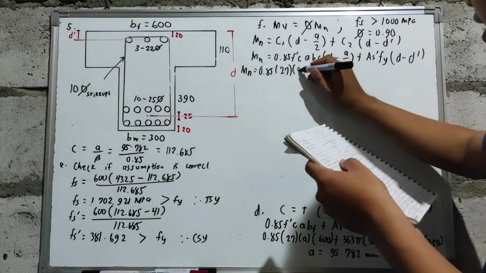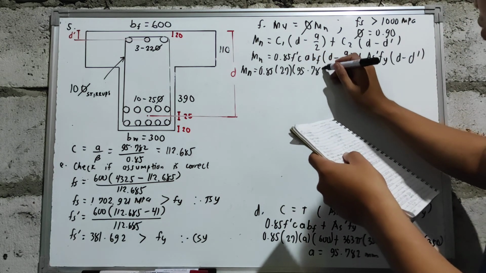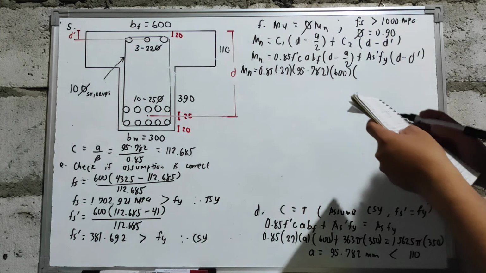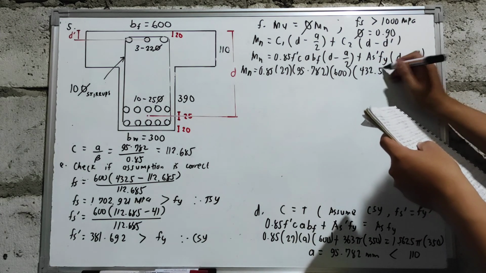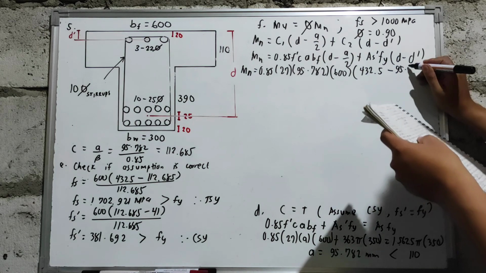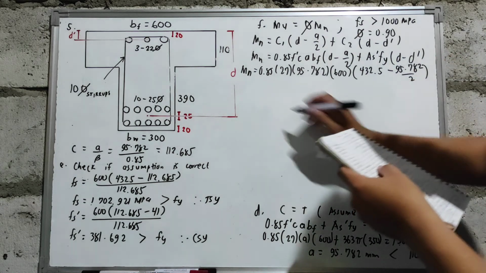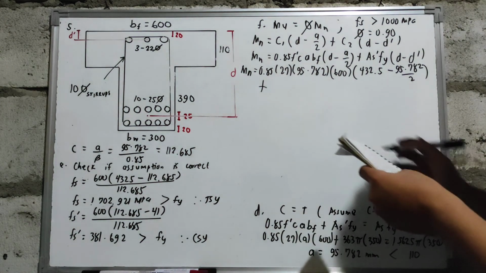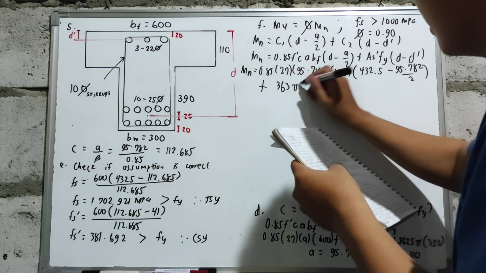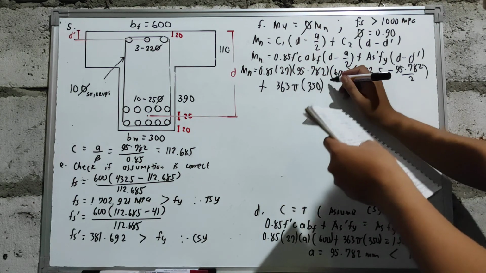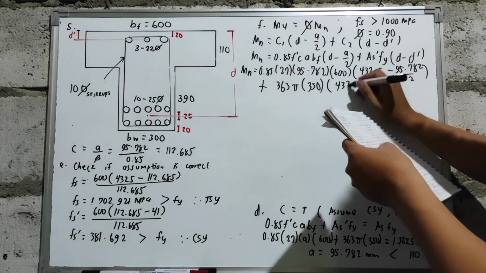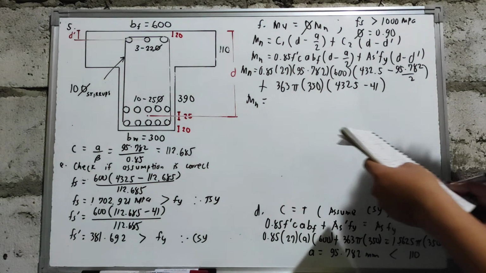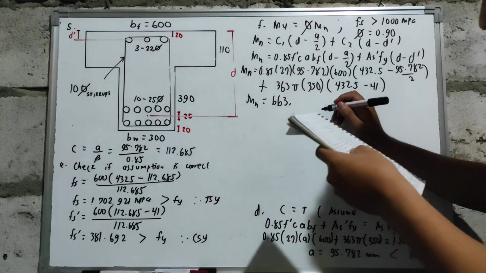The value of your A is 95.782, and the value of the base of your flange is equal to 600, multiplied by the moment arm of 432.5 minus a over 2, plus our As', the steel, with a value of 363π multiplied by Fy of 350, multiplied by the moment arm of 432.5 minus 41. So you have a value of your nominal moment equal to 663.531.